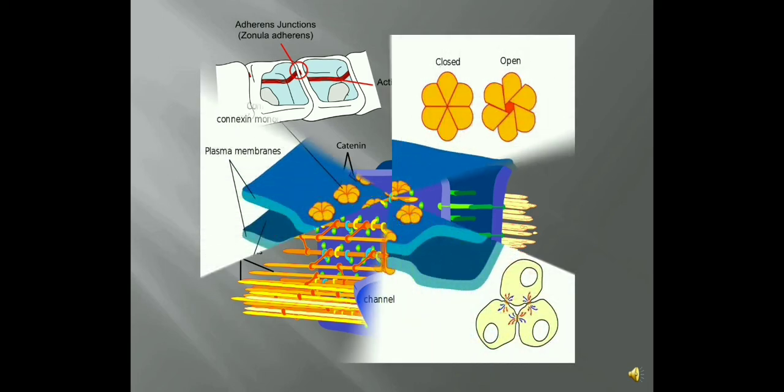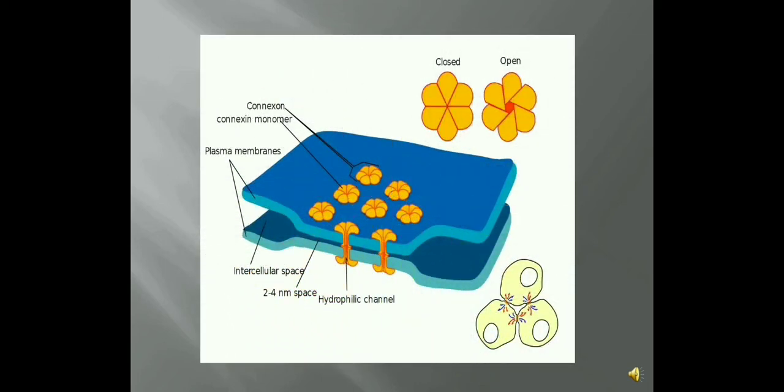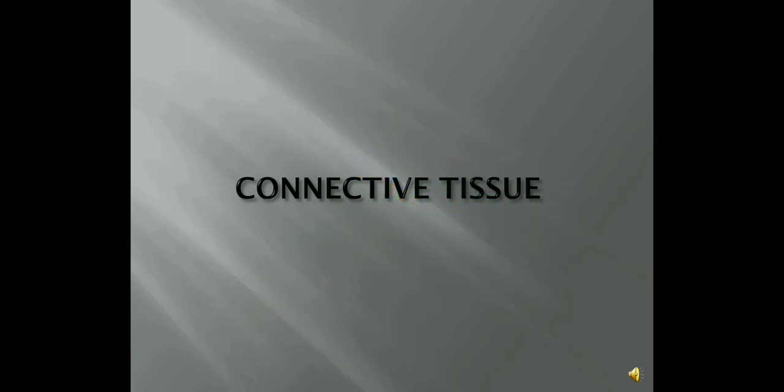And then we have the last one, that is gap junctions. This intercellular connection allows passage of ions and small molecules between cells as well as exchange of chemical messages between cells. So as they are loosely arranged, they allow the passage of ions and molecules.